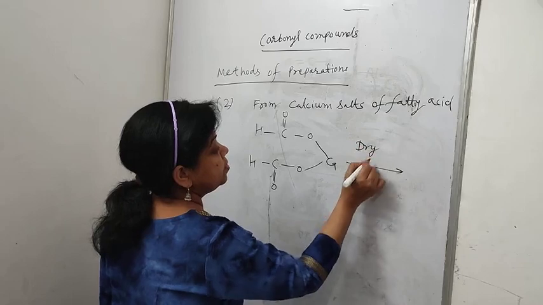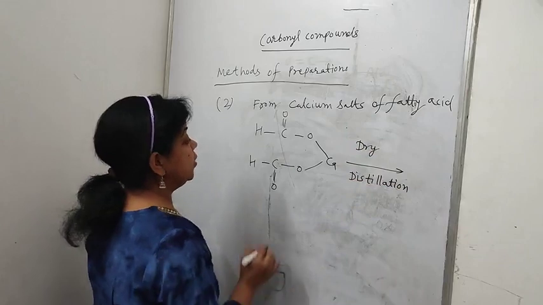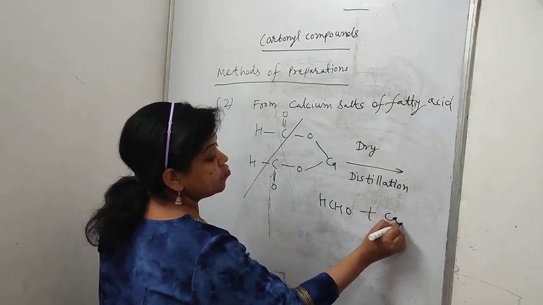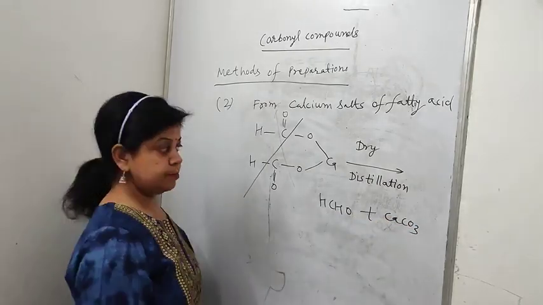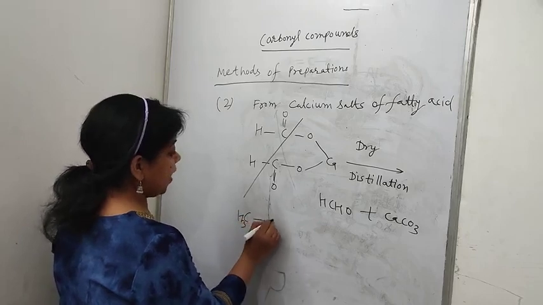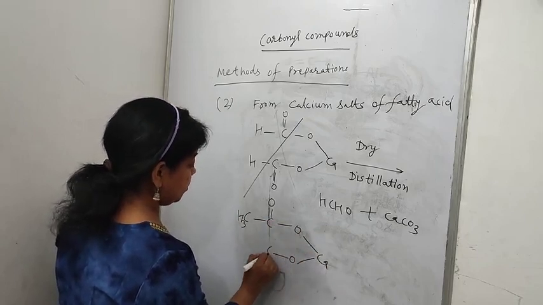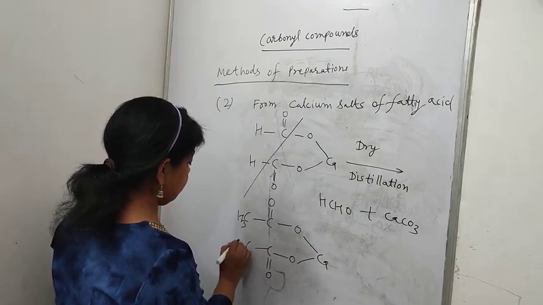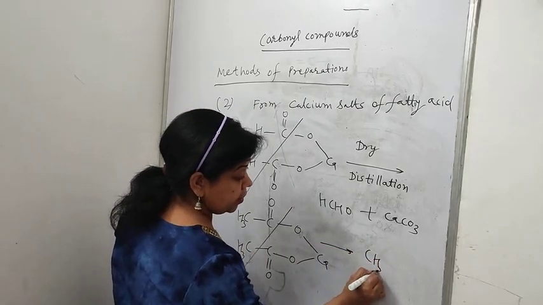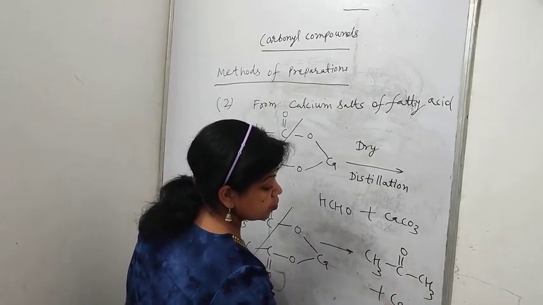When we perform its dry distillation, we will be able to get formaldehyde as well as calcium carbonate. Very simple reaction, students. So, when we use calcium acetate in place of calcium formate, you will be able to get ketone, that is again acetone, and calcium carbonate.